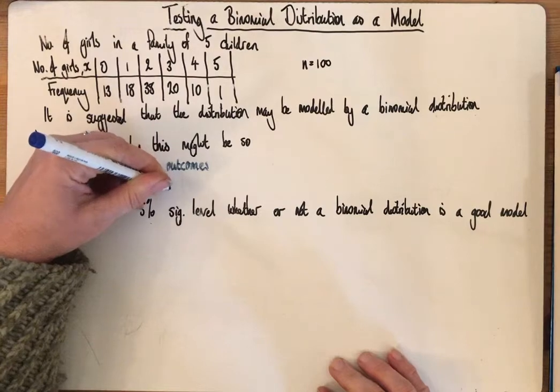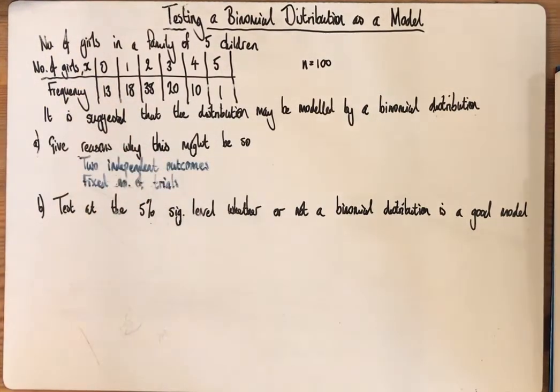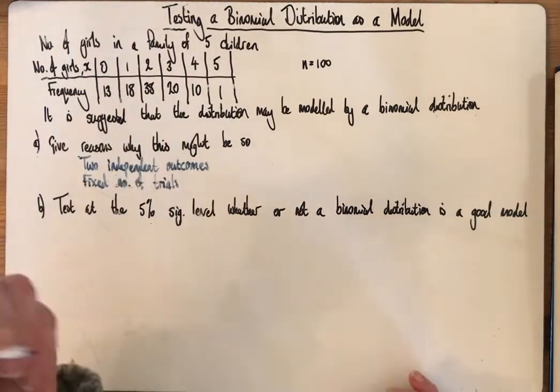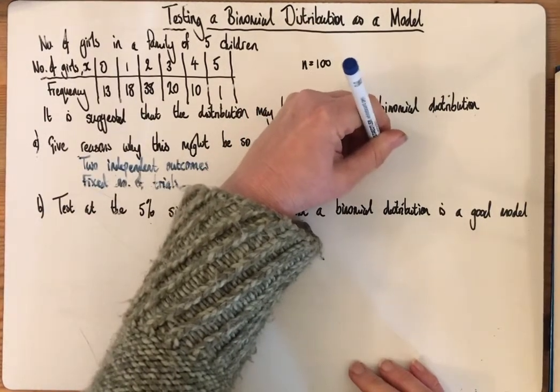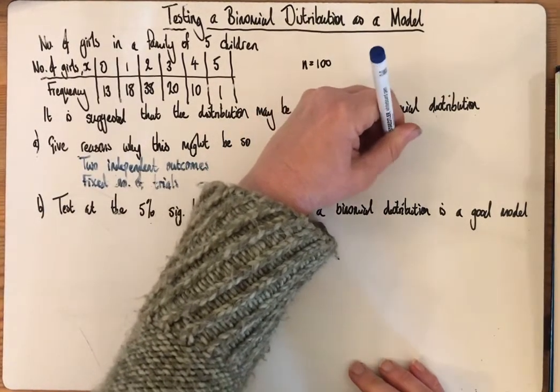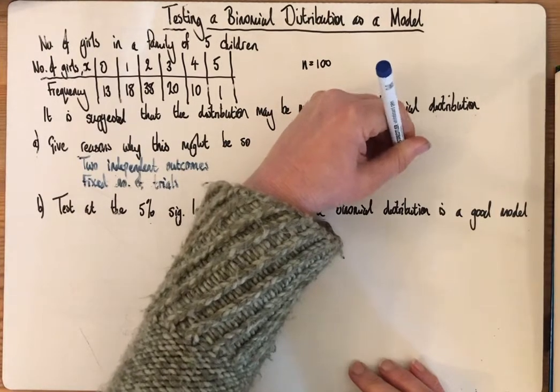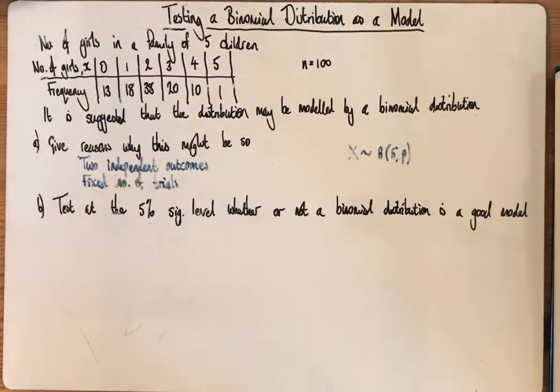So there's 5 trials. So we're basically looking to see whether X can be modelled with binomial 5, p, where p is the probability of success.